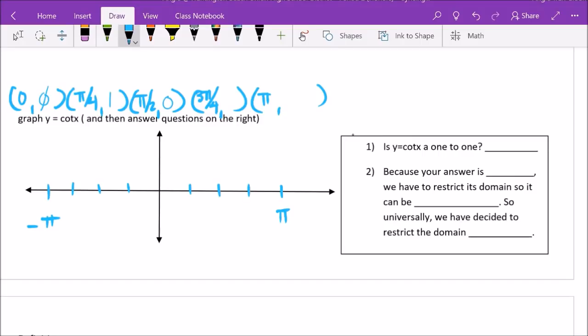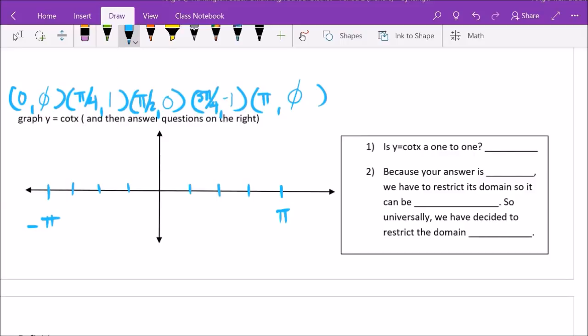Perfect. Nice job. Are we unsure about these outputs? Wait, doesn't the 0 with the cross there be? Oh, that's undefined. Undefined, yes. Now cotangent of 3 pi over 4. Negative 1. Beautiful. Nicely done. And last one, cotangent of pi. Yes, sir. All right.